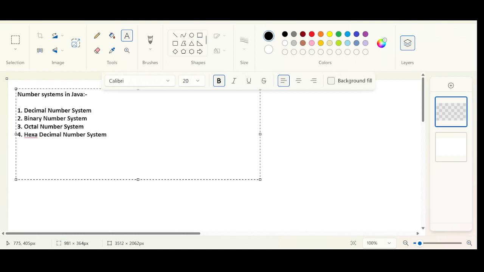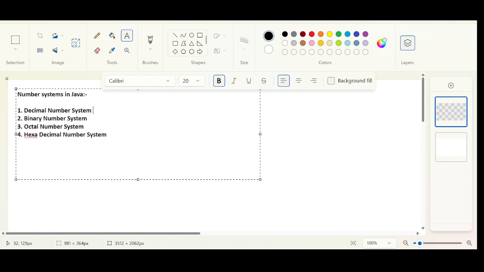Each and every system has its own importance, right? So you must understand that whenever a number is represented by a specific base, it is going to be called a specific number system.